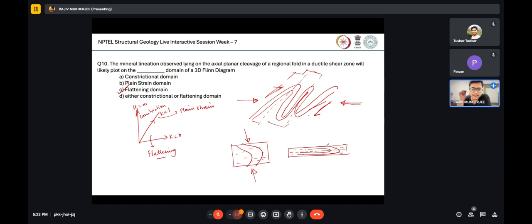And this is a perfect example of flattening type of deformation. And that is why in Flinn diagram, you will see that all the lineations are plotting on the flattening domain.